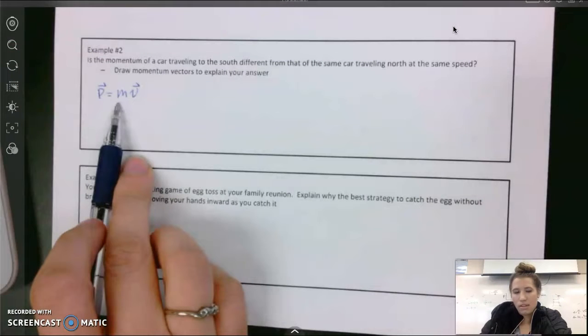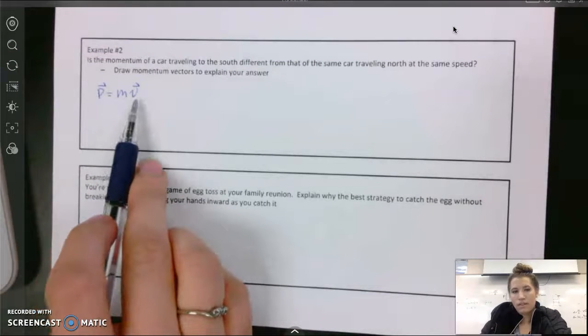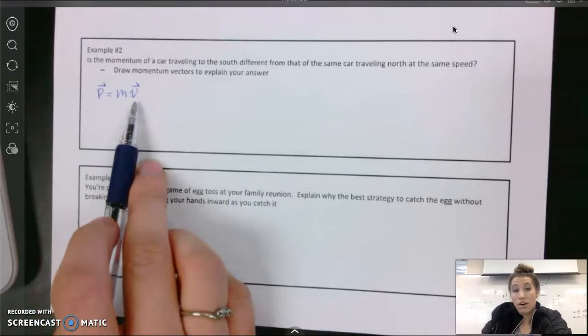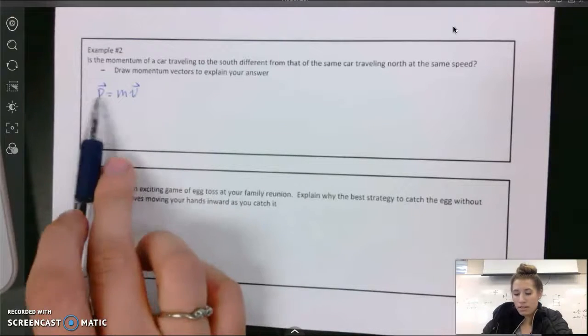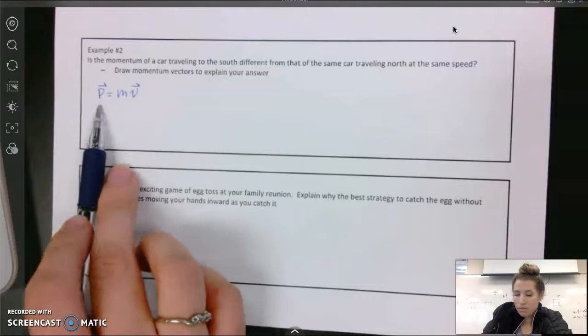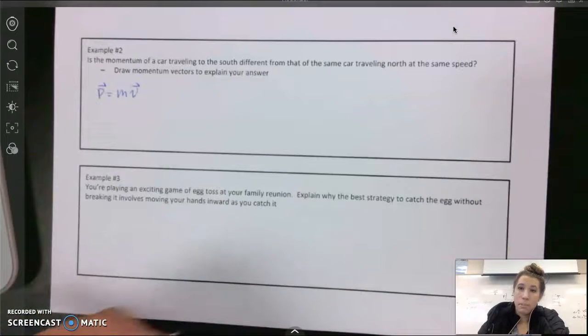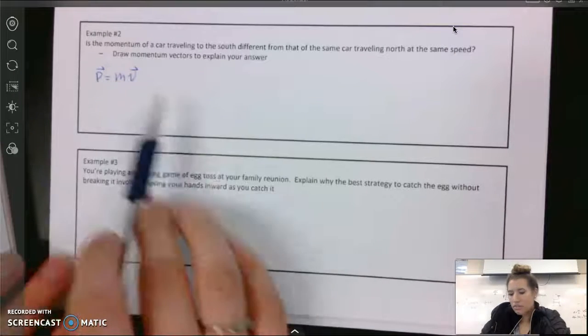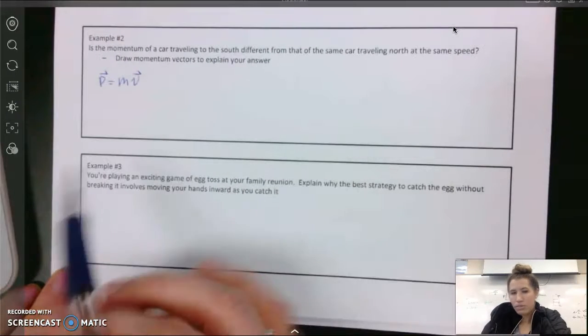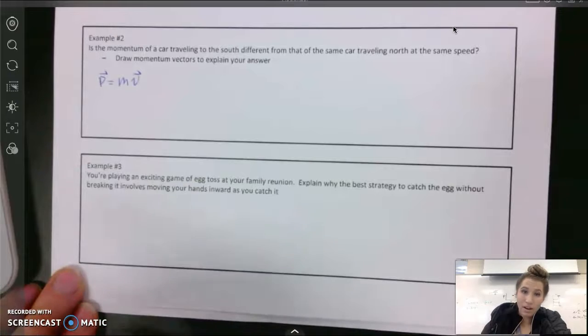So the mass is the same, the velocity is the same magnitude, opposite direction, and so that would be the same for our momentum. It'd be the same magnitude, but opposite direction. So that would change our sign from like positive to negative, or it's a direction component altogether if we represented this vector with an arrow.